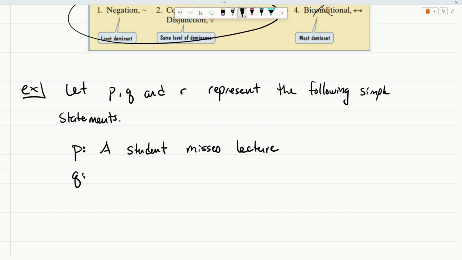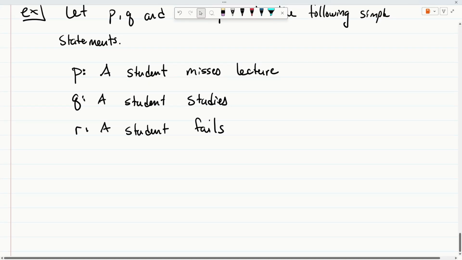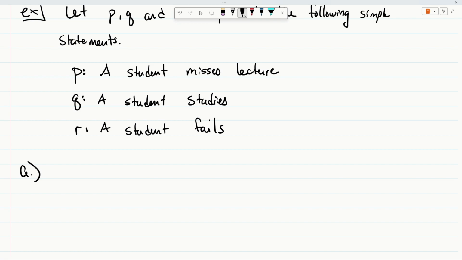Q is going to stand for a student studies. R is going to stand for a student fails. We're going to write these statements out in symbolic notation, or we're going to write the statements in words.